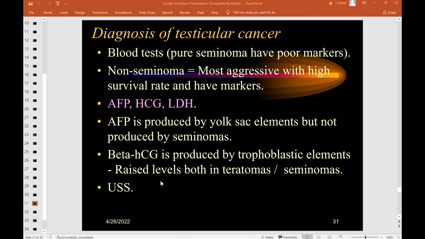So the best way forward would be to arrange for an orchidectomy and histological interpretation.